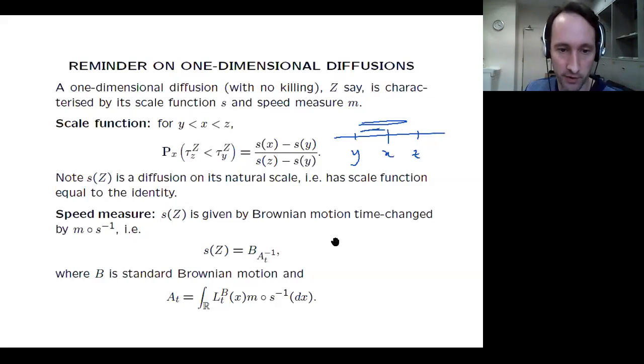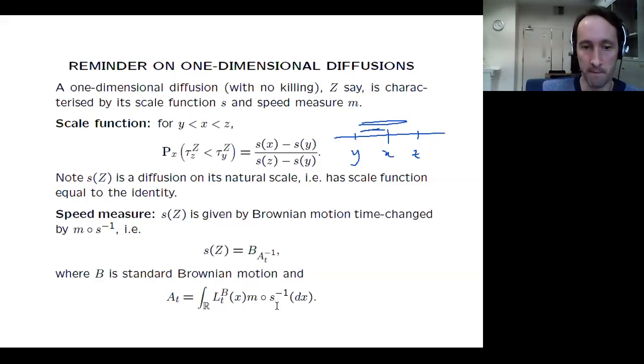Again, this is maybe not that informative if you've not met time changes of Brownian motion before, but roughly speaking, we can construct this in the following way. We look at the additive functional given by integrating the local times of the Brownian motion against this particular speed measure on the right scale here.